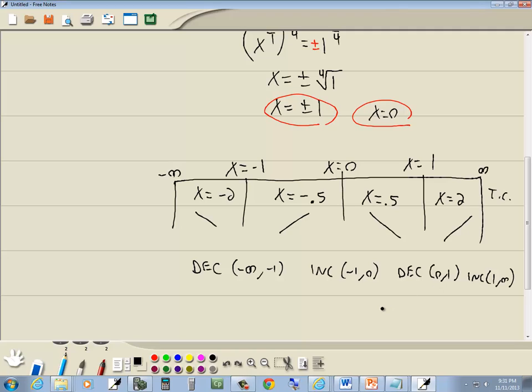Let me write that down on my piece of paper here. Decreasing -infinity to -1. Increasing -1 to 0. Decreasing 0 to 1. And increasing 1 to infinity. Okay. So those are our answers for the increasing and decreasing.